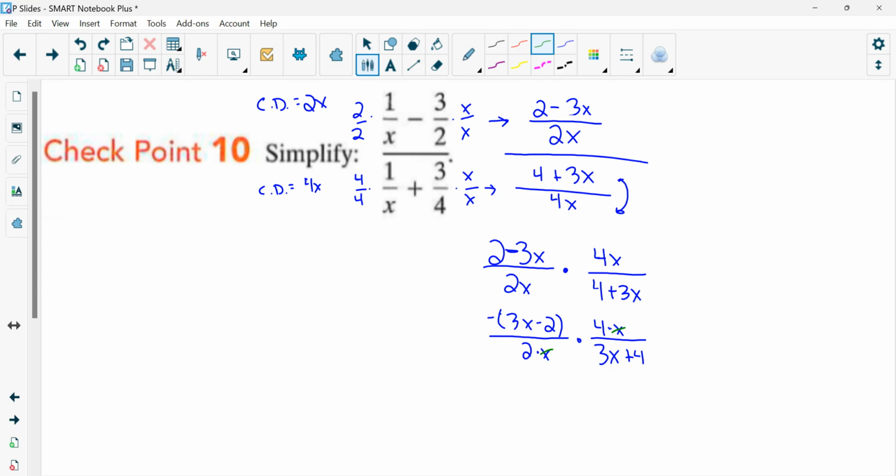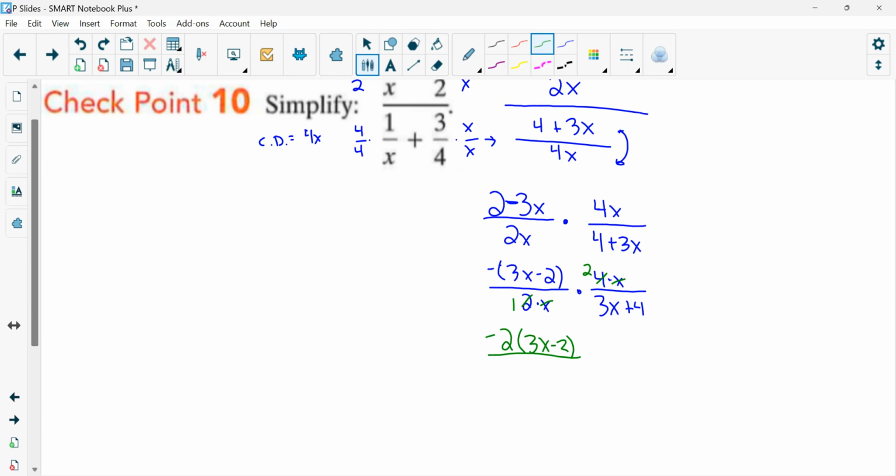So 2 goes into 4 2 times, 2 goes into 2 1 time. And so now as I multiply straight across, I'd have 2 times negative quantity of 3x minus 2. So that would just give me negative 2 times the quantity of 3x minus 2. I don't have to multiply that through. If you really want to, you can. You don't have to. And then on the bottom, I would have 3x plus 4.